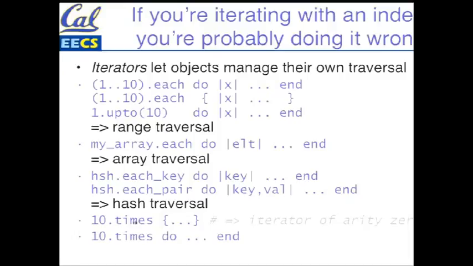So what do these things all have in common? They all have in common the inside-out iteration that Ruby does a little bit differently from Java. In each case, we're taking an object on the left, like a range or an array or a hash, and we are asking it via the method each to manage traversal of its elements and hand us the elements one at a time. In the case of each pair, we're actually getting a pair of things, a key and its corresponding value one at a time.